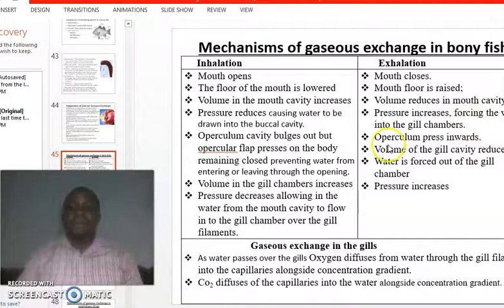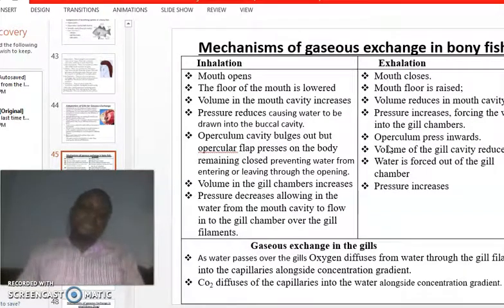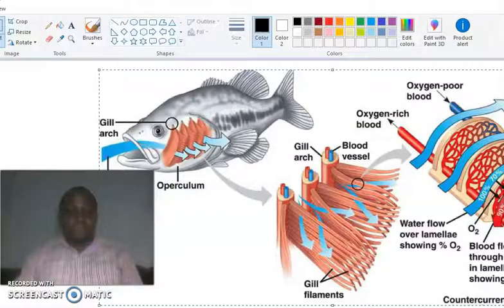The operculum presses inwards, hence the volume of the gill cavity reduces, but pressure increases. So water is forced out of the gill chamber through the opercular openings. That is the process of exhalation and inhalation in a bony fish.